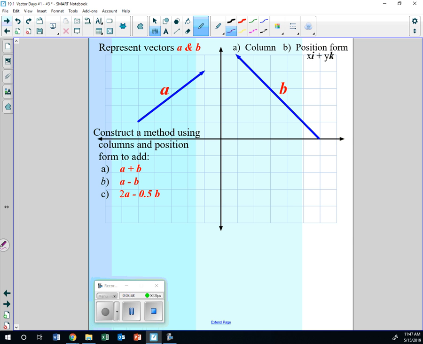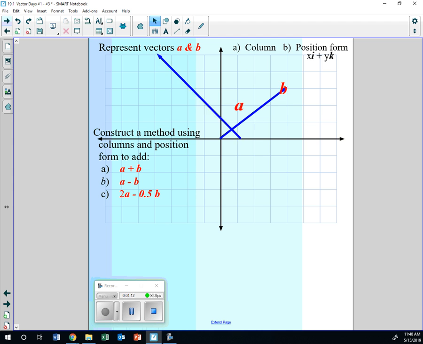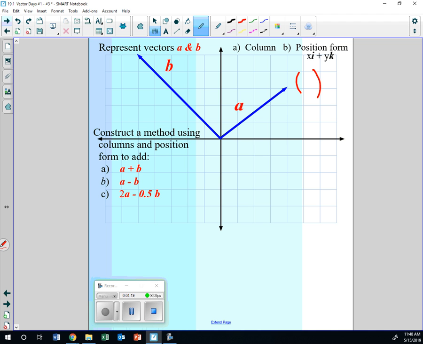All right, so what's the point of all this? Well, the point is to make your life wonderful. Adding and subtracting is easy now, as long as the tails are at the origin. So here's vector A, here's vector B with their tails at the origin. We can find this location, 1, 2, 3, 4, 1, 2, 3, so it's 4, 3.